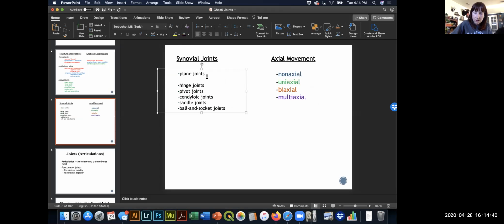Actually, yeah, that's fine. So plane joints, right? These guys are going to be your carpal, your intercarpal, yeah, let's call that intercarpal, intertarsal joints.